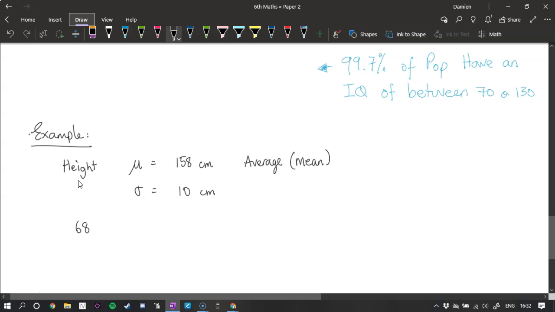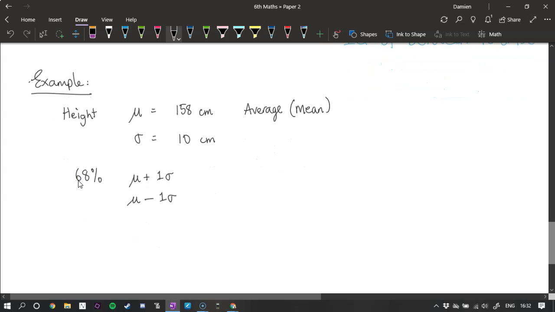You need to be able to say 68% of the population is either 1 standard deviation above the mean, or it's 1 standard deviation below the mean. 68% of the population of the school will be in that.